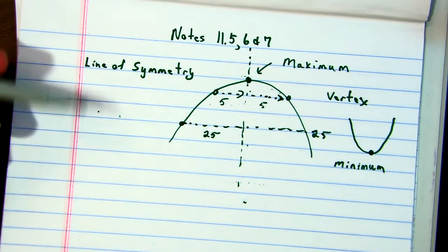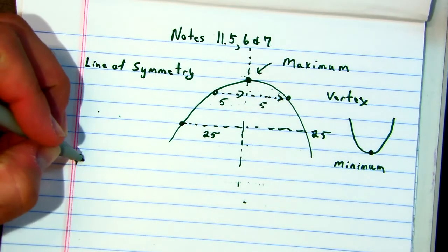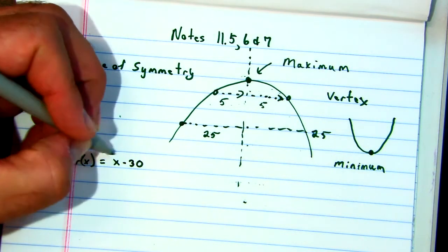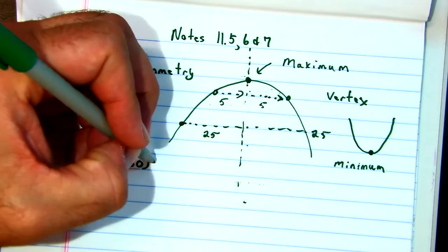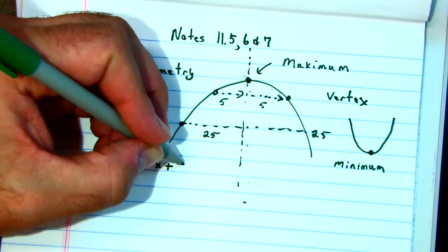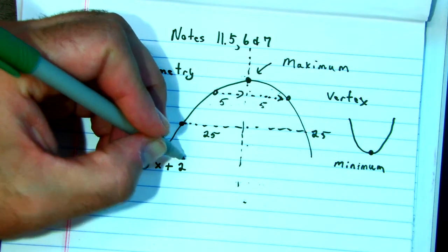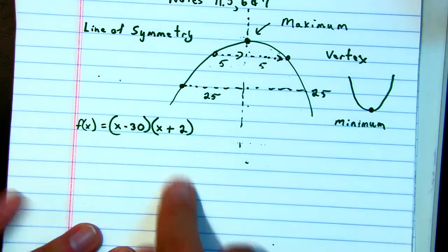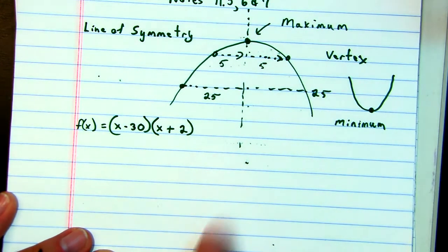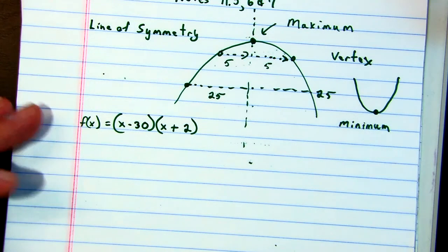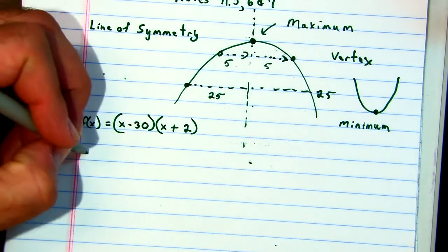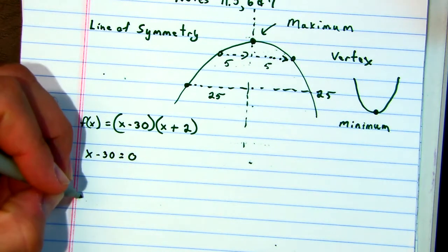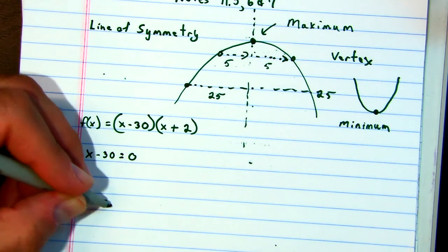All right, now just a quick review. You learned about factored form. Factored form is when you had a problem that looked like this. Okay, and when you had it in factored form, this was how you found your zeros. Your zeros are your x-intercepts. We found our zeros by taking x minus 30 and putting it equal to 0, taking x plus 2 and putting it equal to 0.